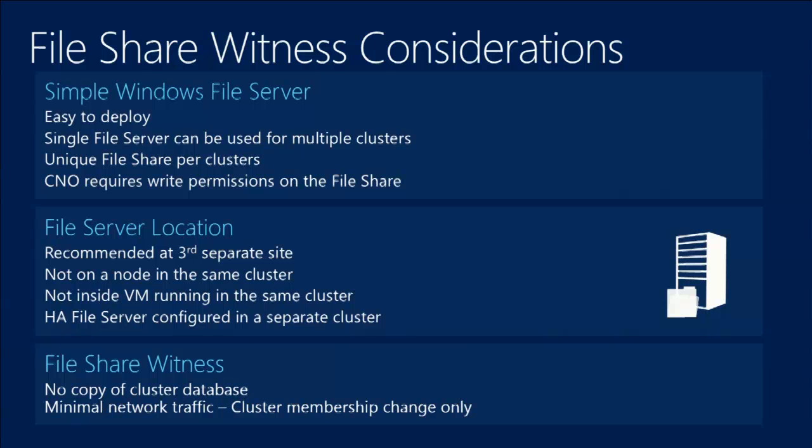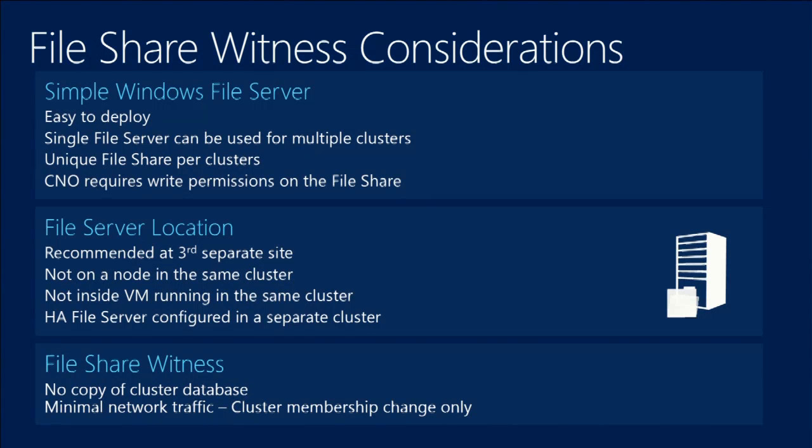If a node of the cluster goes down, you don't want the file server to go down so that your witness is also lost. And as I said, it cannot be a VM that's hosted on the cluster to which you are configuring the witness, and that becomes a catch-22.